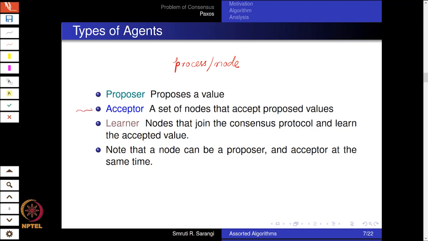The acceptors are a set of nodes that accept proposed values. Here, accept is a temporary acceptance. It's not a permanent acceptance. It just means that it records the value that is being proposed.